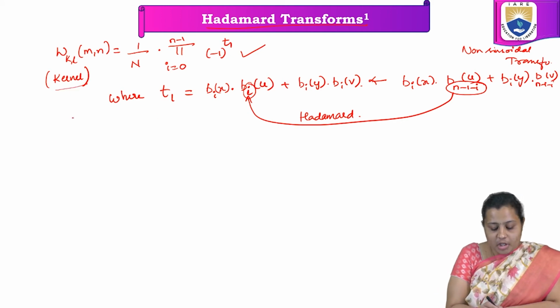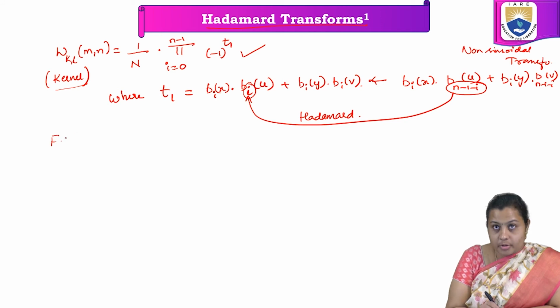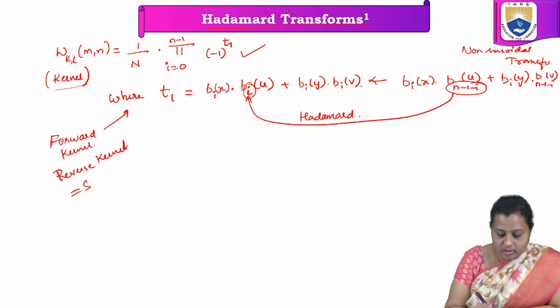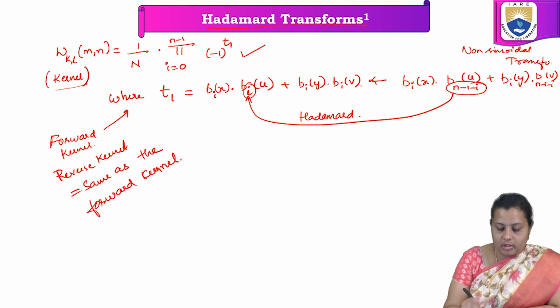So my forward kernel is given by this forward kernel, and my reverse kernel is the same as the forward kernel.